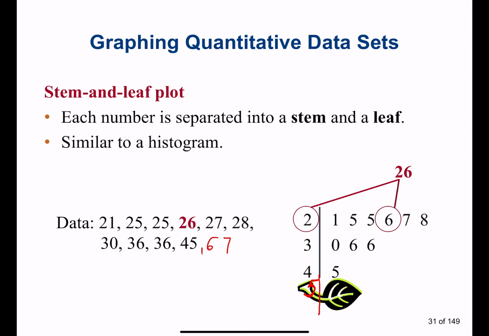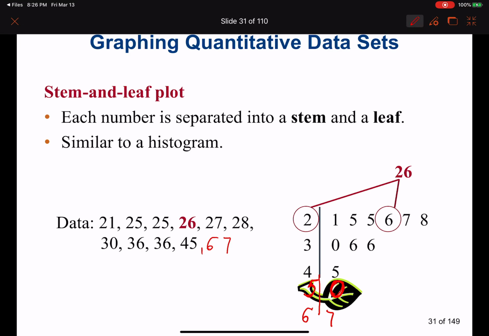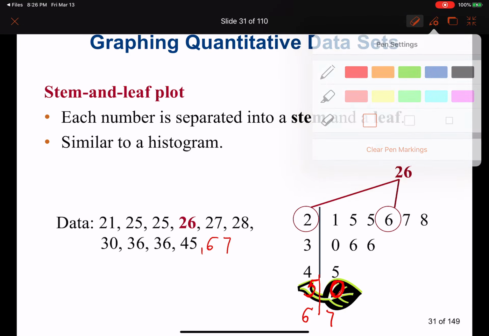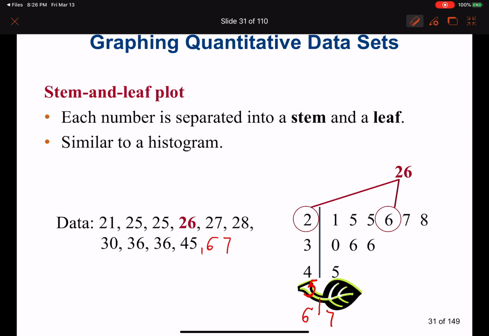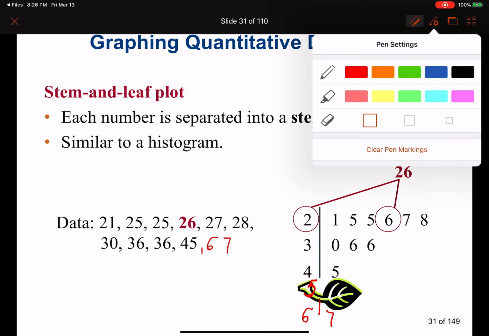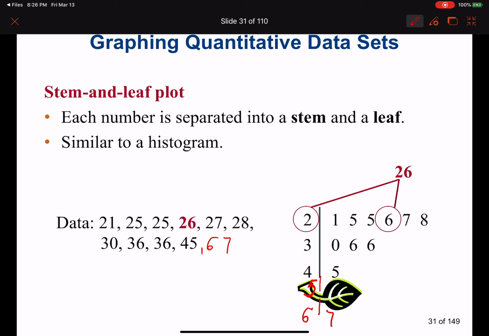The number 50-something does not exist, but instead we put 67. Now you would ask, what's wrong with putting 0 here, meaning 0 leaf? If you put 0, that would mean we have the number 50, which we don't. Therefore, we cannot put any number here. All right? And vice versa.